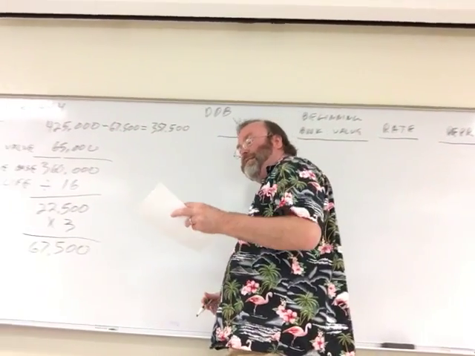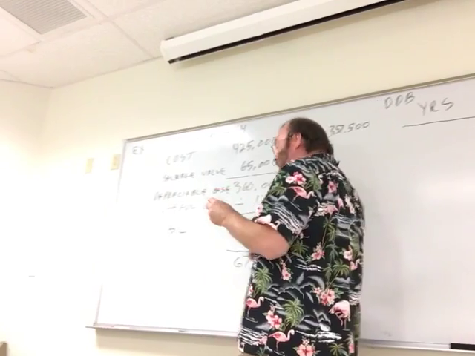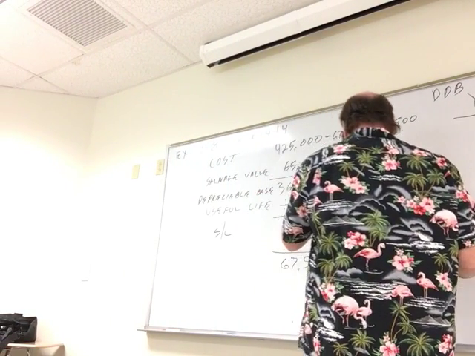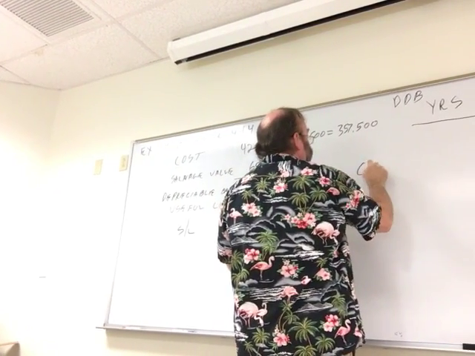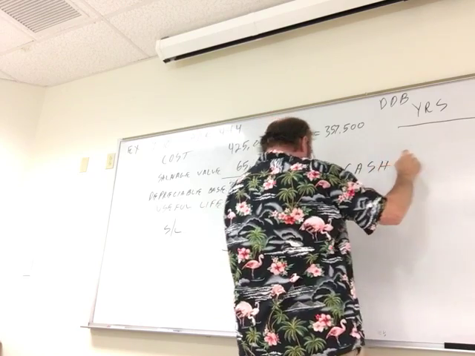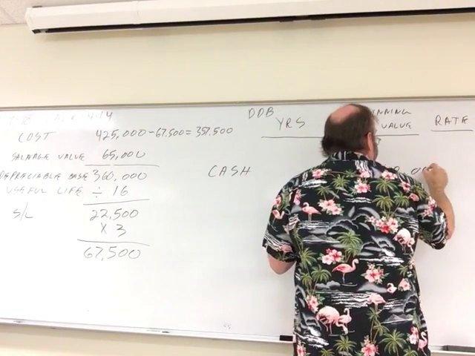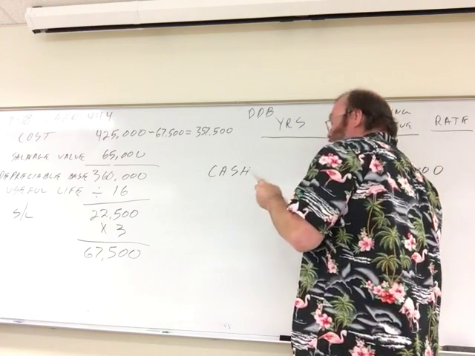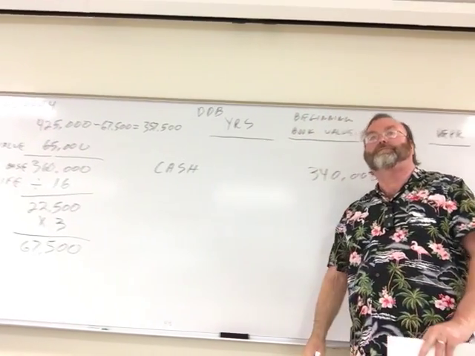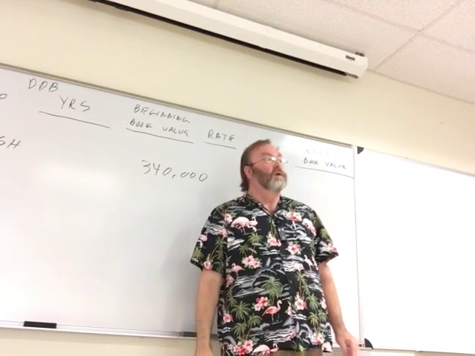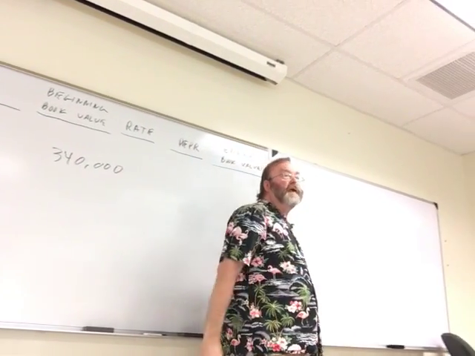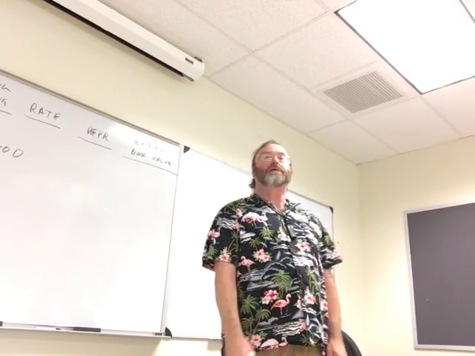It then asks you in C, if you sell it for cash of $340,000, what's the entry? Well, first, just let me ask you a business question.